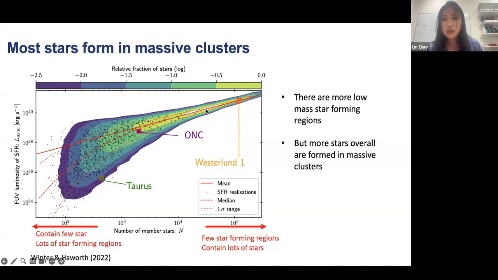So from this sort of analysis, you can see that although there are more low-mass star-forming regions on the left-hand side, more stars overall are actually formed in the massive star clusters, because in the massive star clusters, the number of stars in each of them is just very, very numerous.